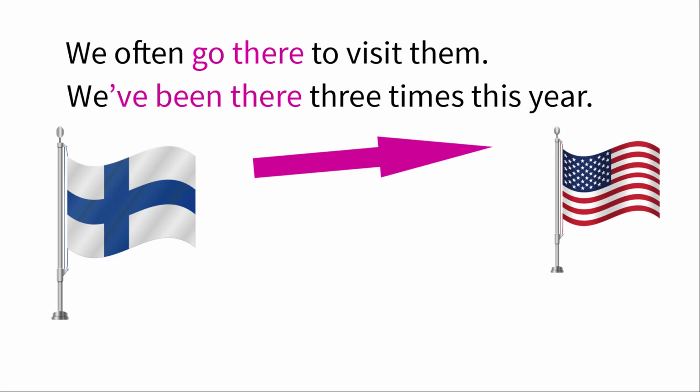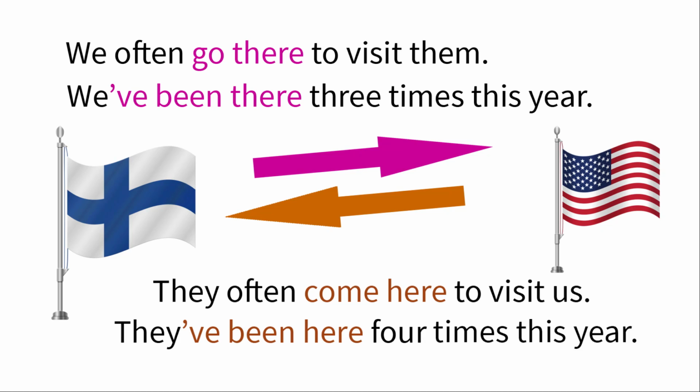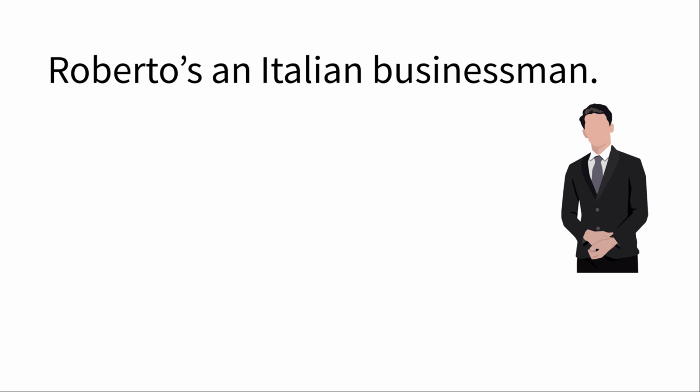Been as a form of the verb go. They often come here to visit us. They've been here 4 times this year. So been as a form of the verb come. So staying with come to mean visit.